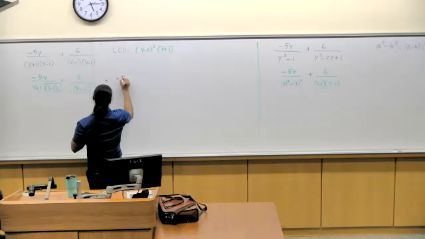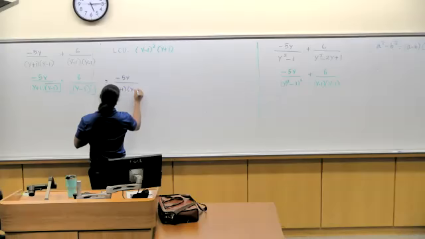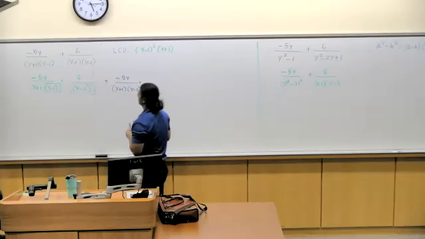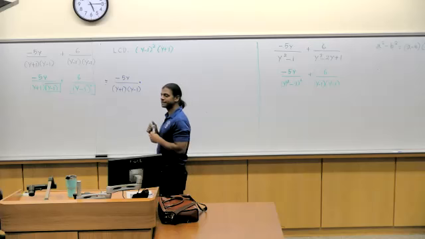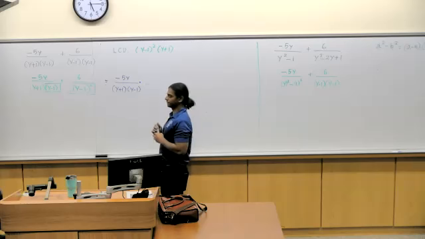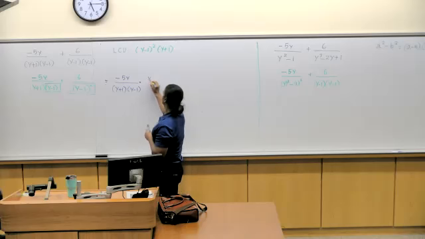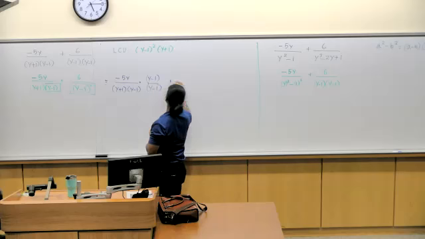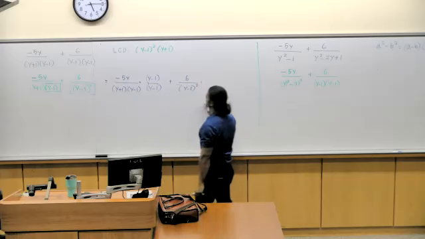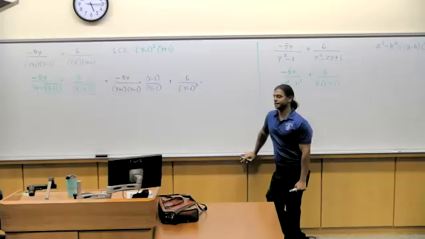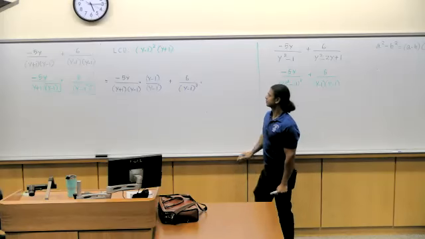How do we get the common denominator of y minus 1 squared times y plus 1? So I multiply, or I should multiply and divide the first term by what factor? Y minus 1 or y plus 1? Y minus 1. I have to multiply and divide the second factor by y plus 1.